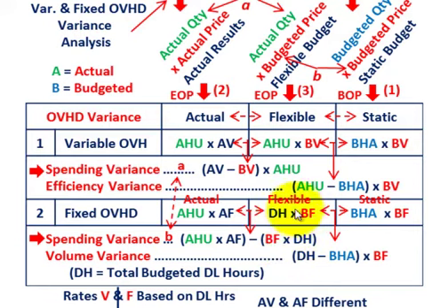So our volume variance is the difference between the flexible and static amount, and the common factor between the two is the budgeted fixed rate. So volume variance is the total denominator hours less our budgeted hours allowed for our fixed overhead, that difference times the budgeted fixed rate. Okay, so those are our calculations.